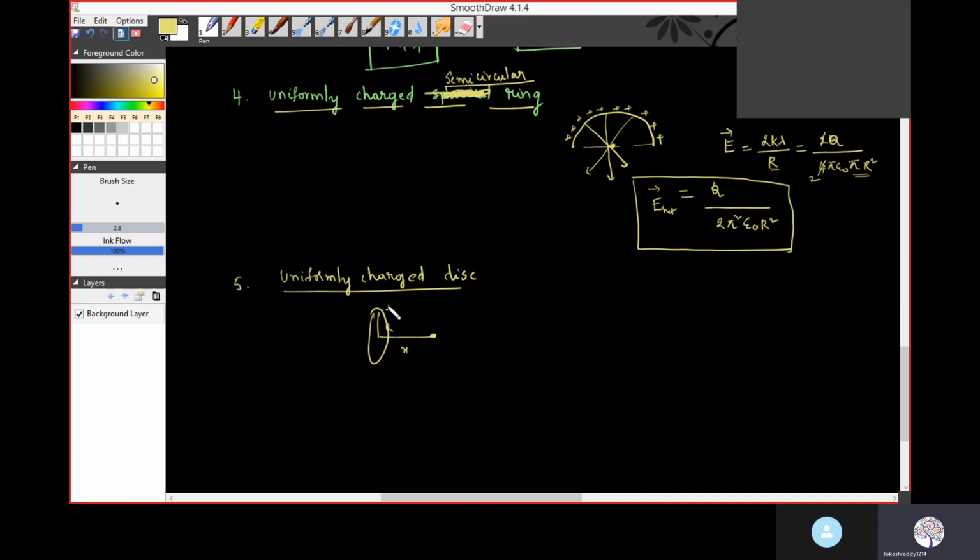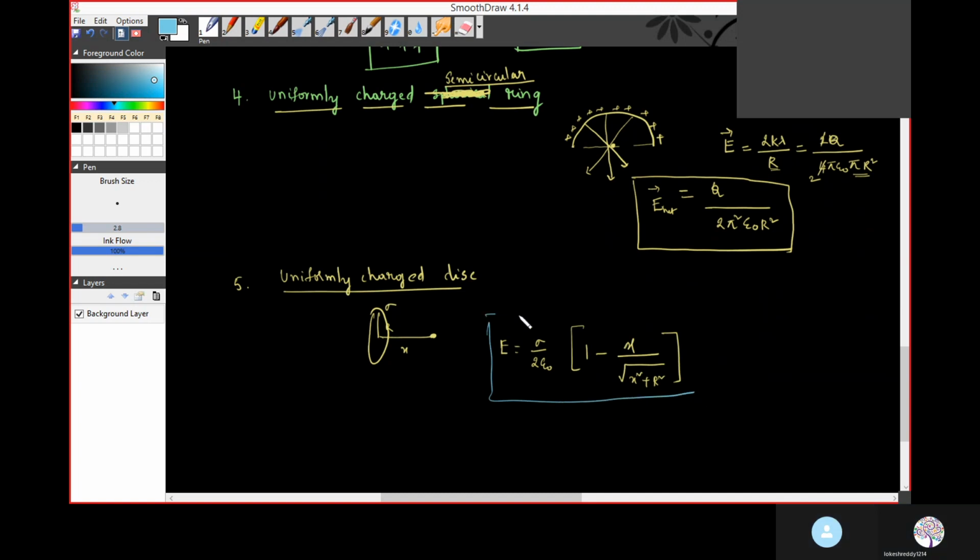At this point, sigma is the surface charge density, then E is equal to sigma by 2 epsilon naught into 1 minus x by root of x square plus r square. That is the electric field for the disk.